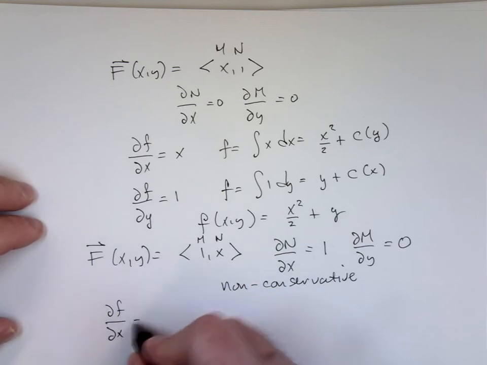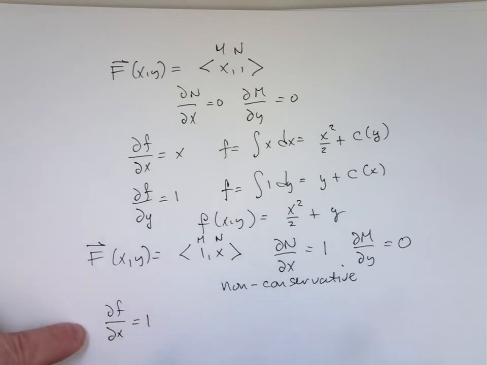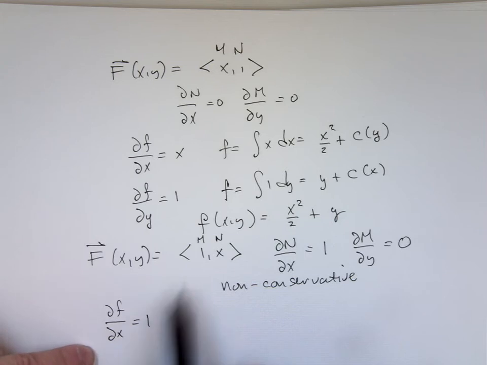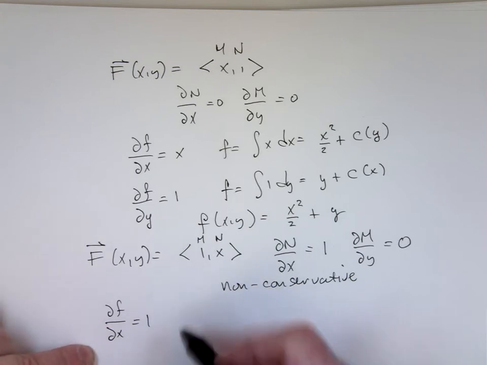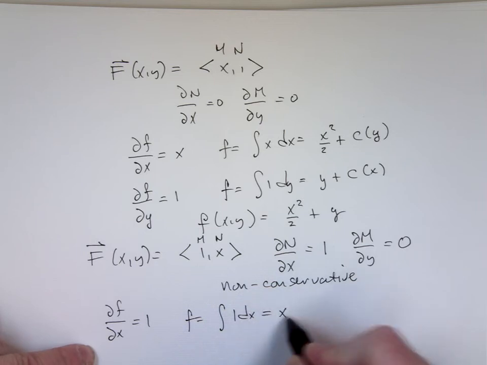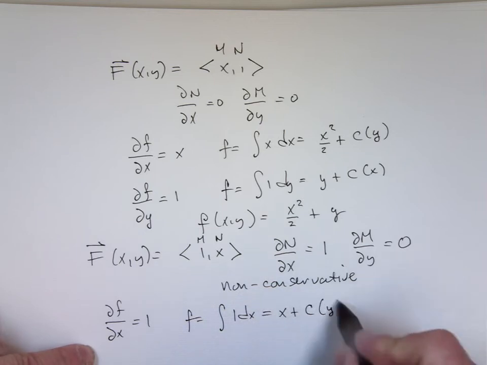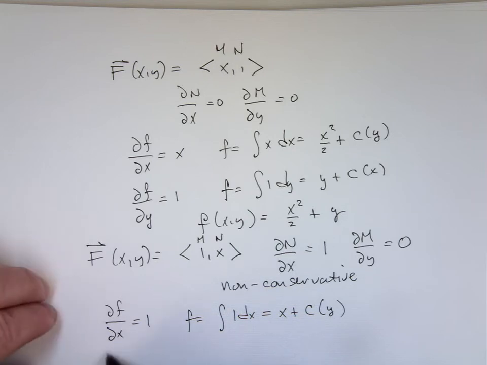Partial of our function with respect to x has to equal 1. That means our function is the integral of 1 dx, which is x plus some constant, a function of y. That would have to be true if it had a potential function. Also, the partial of the function with respect to y would have to equal x.